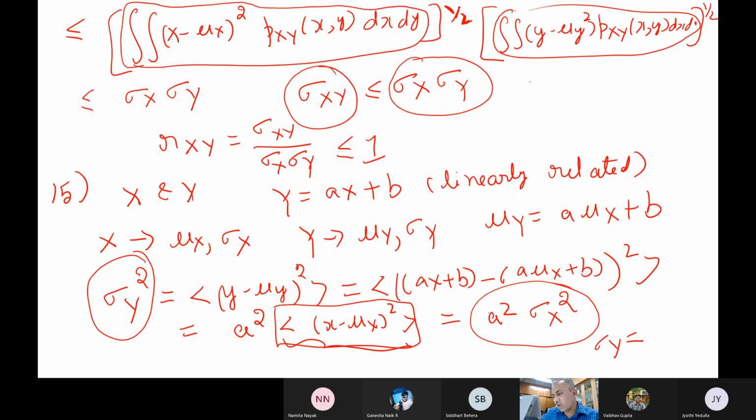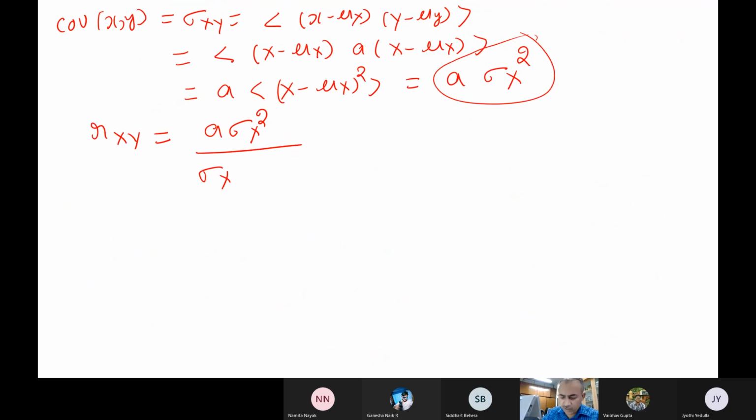Be careful here, you have to be very careful, because when you take a square root, the sign becomes very important. Suppose a is minus 2, so they are negatively correlated. Sigma y square will not have any effect whether a is plus or minus. But when you try to find sigma y, this is a square root, so you have to be very careful.